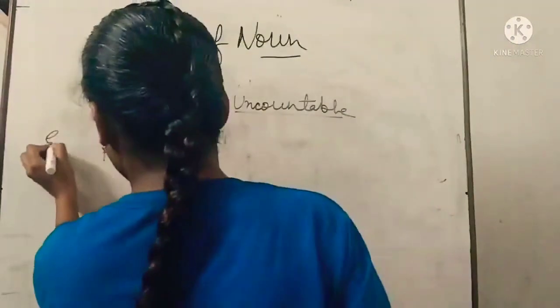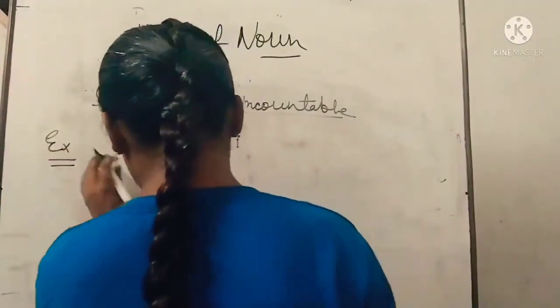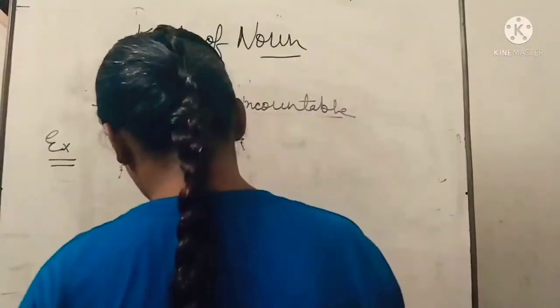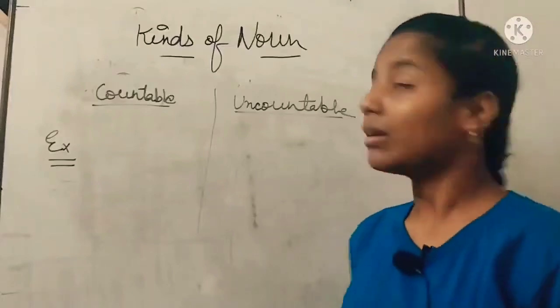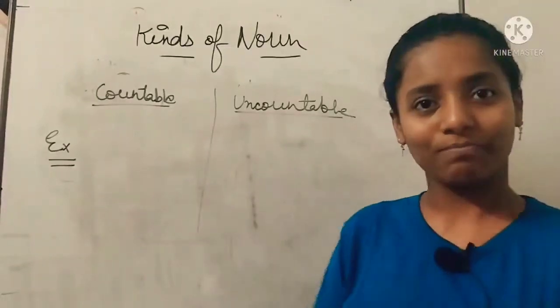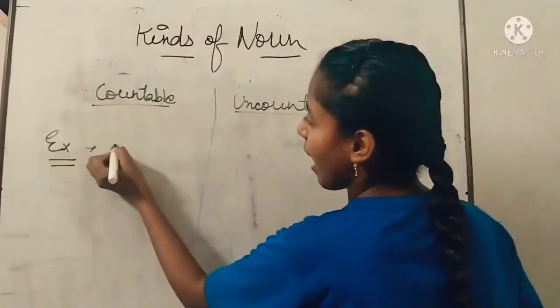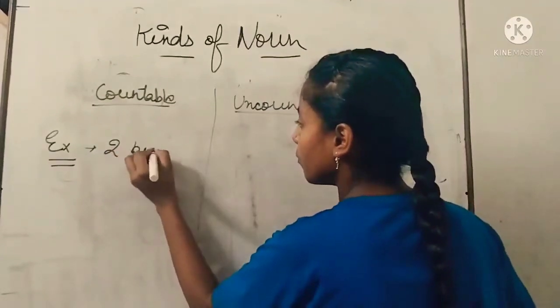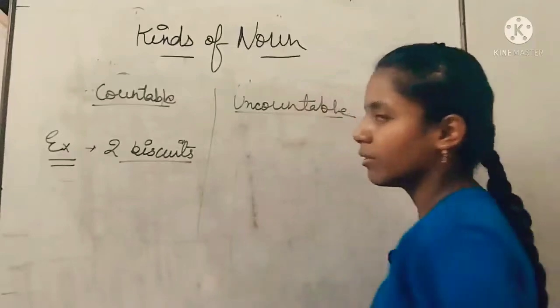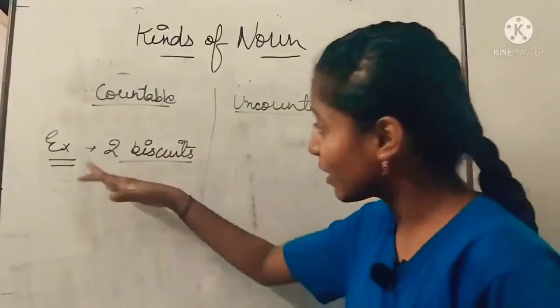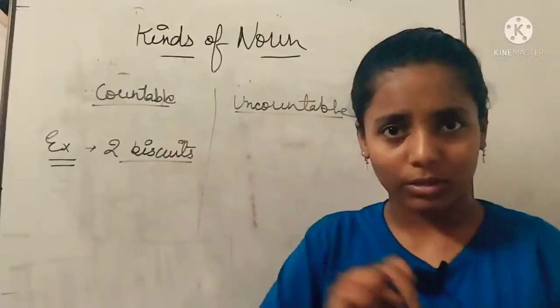Let me give the example, then I'll tell you. Countable is that which can be counted, uncountable is that which cannot be counted. Like if I write I have two biscuits, there is a specific name, I have 2 biscuits.